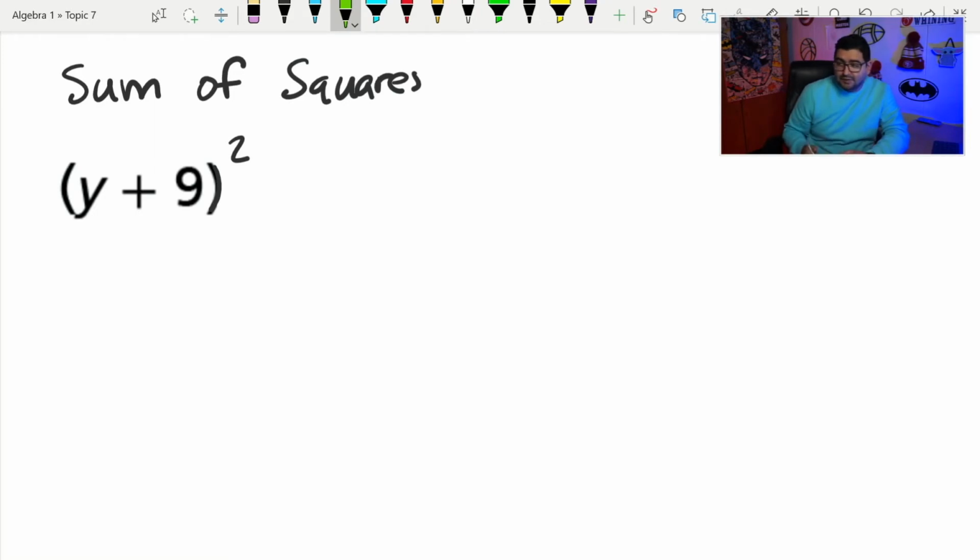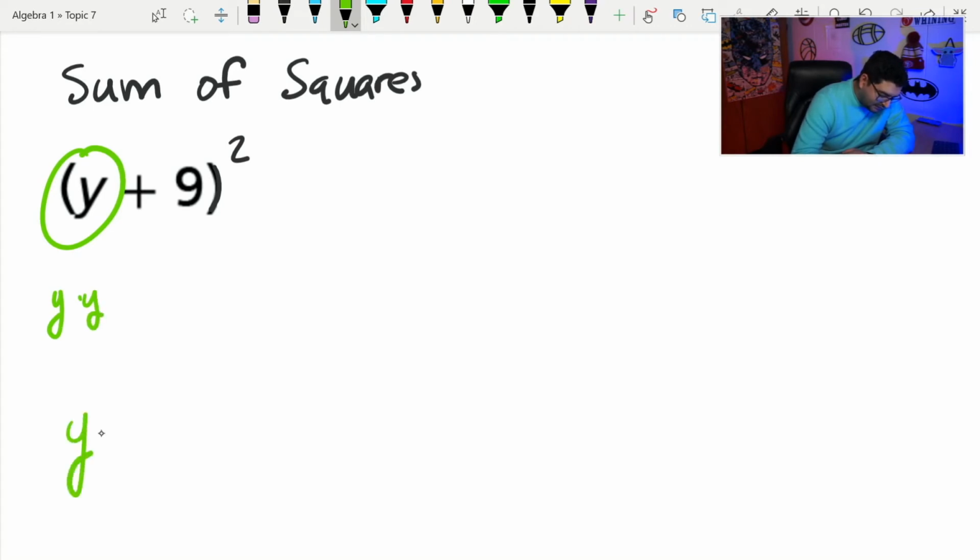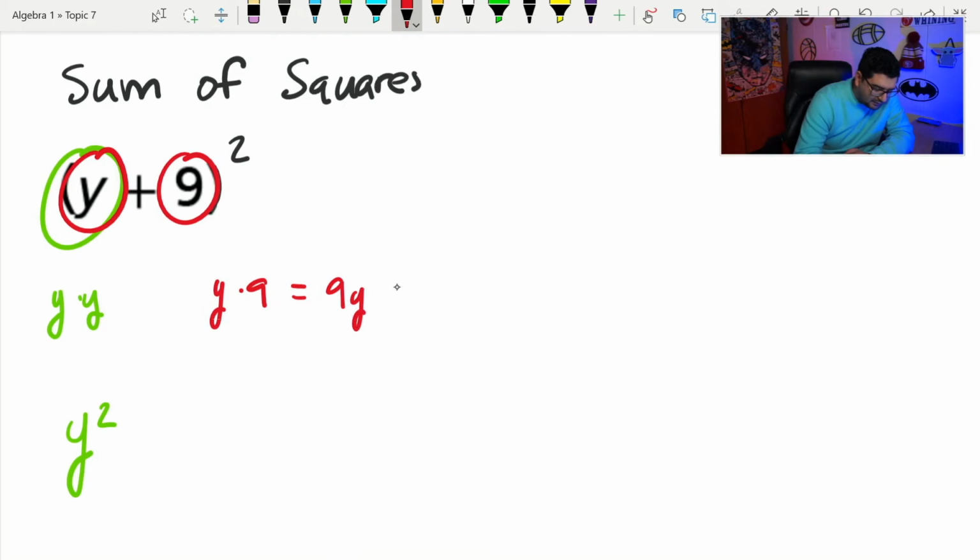What I do is I multiply this first term by itself, y times y, that gets me y squared. Then I multiply these two together and I double it. So I'm going to do y times 9, that equals 9y, doubling it, so times 2, you get 18y, and that becomes your middle term.